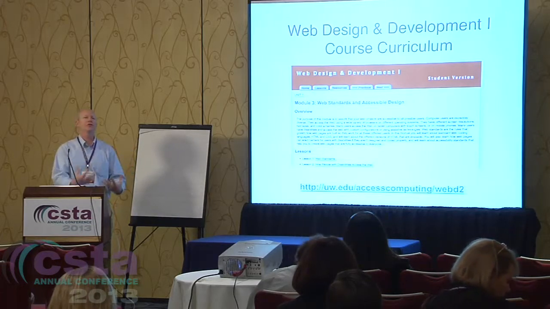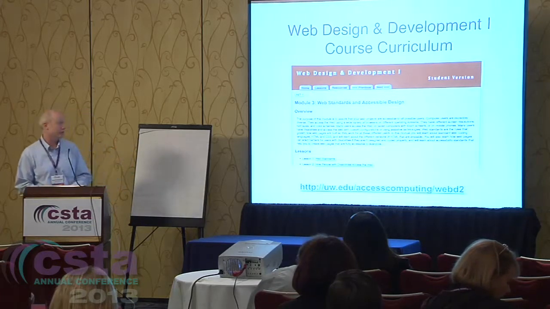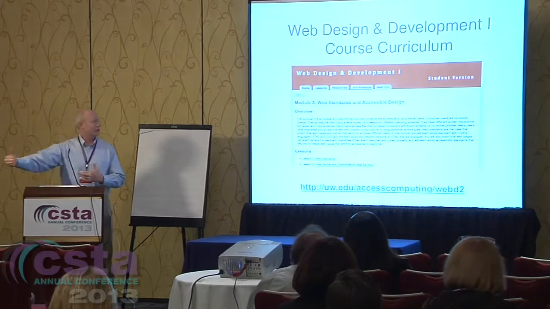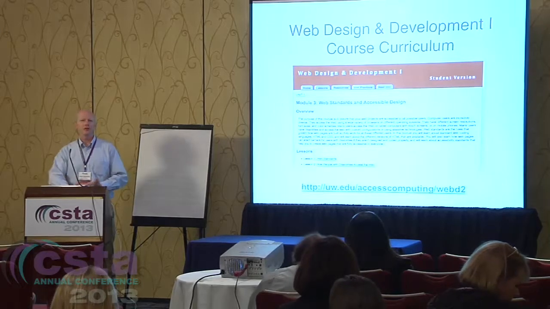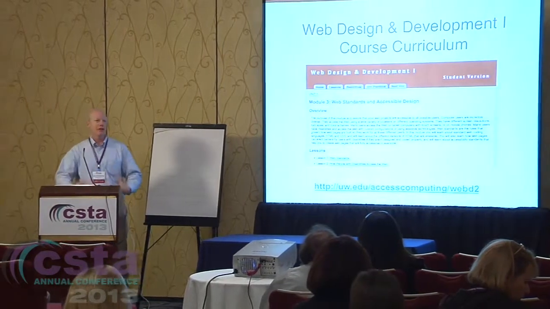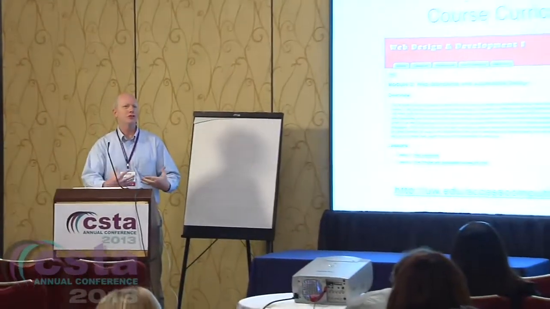We have lessons that expose kids to the diversity that we're talking about. And then throughout the curriculum, as students learn web design skills, including HTML, CSS, and JavaScript, they learn how to consider accessibility and to consider all the different possible users as they're working on those new topics.